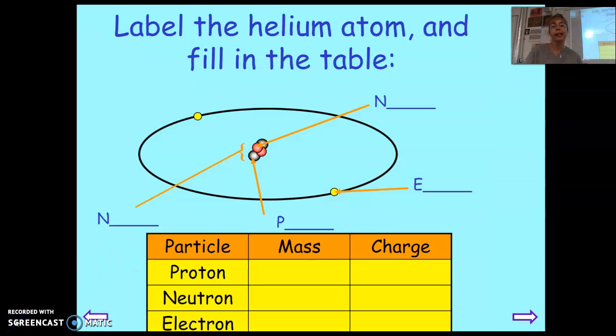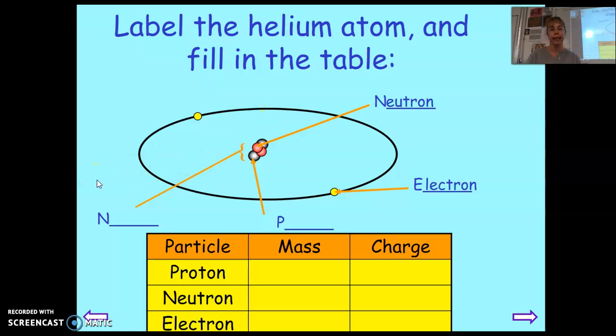Okay, so Year 10s, what we're going to do now, and this is revision of our chemistry that's really important for this topic on radioactivity, we're just going to have a reminder of the structure of an atom. So we know that the atom consists of 3 types of particles: the protons, the electrons, and the neutrons. And the protons and the neutrons are found inside the nucleus.